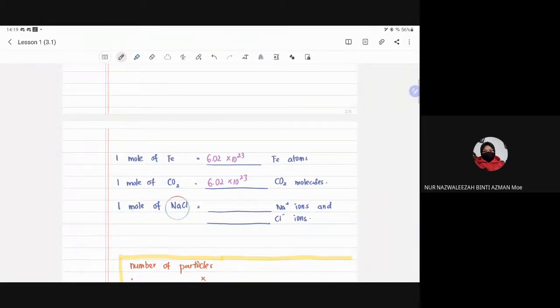And then 1 mole of NaCl contains, sebab kita tahu NaCl, it contains Na plus and Cl minus kan. We know that it contains two of these. So it contains 6.02 times 10 to the power of 23 sodium ions, and it contains 6.02 times 10 to the power of 23 Cl minus ions. Okay, so far. Does anyone have any question?